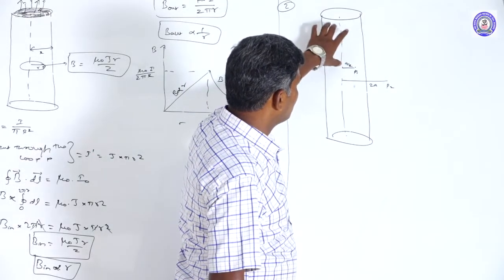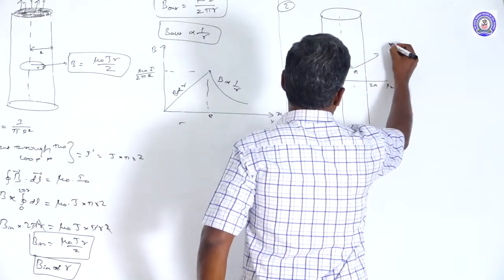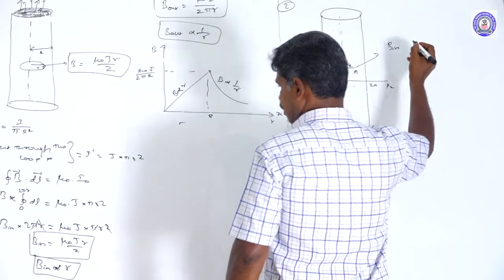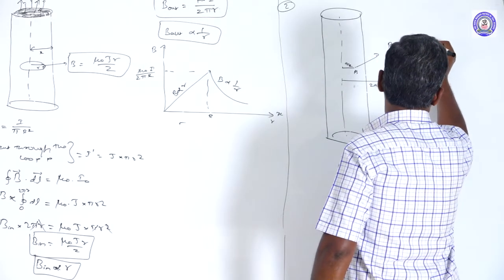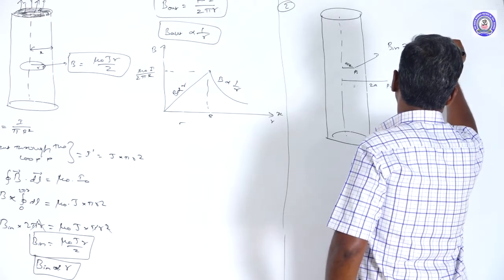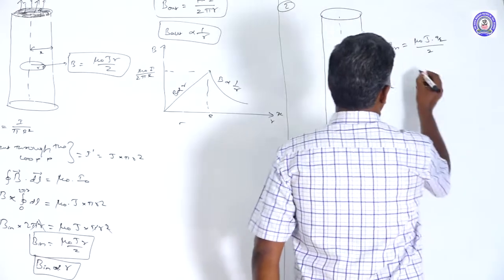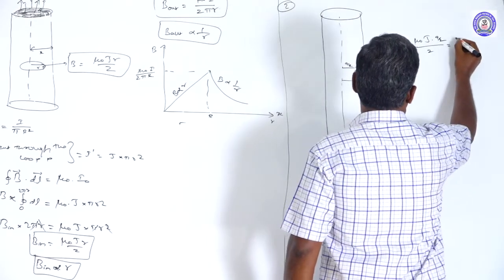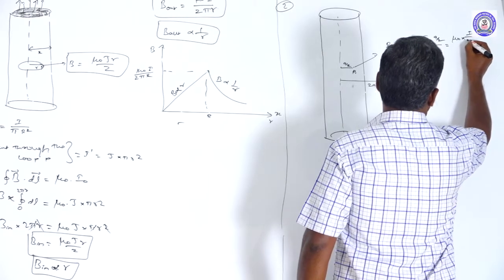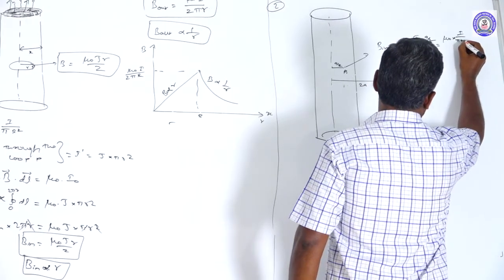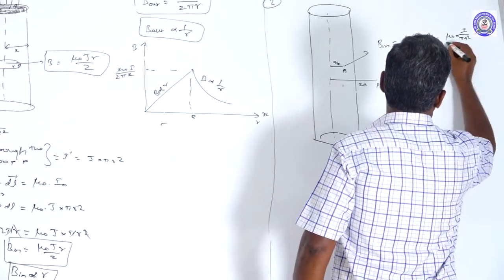Since it is a solid cylinder, inside we have a formula. The magnetic induction B inside is mu naught J into R by 2 divided by 2. If you substitute the J value, mu naught into I by pi R square into R by 2 divided by 2.